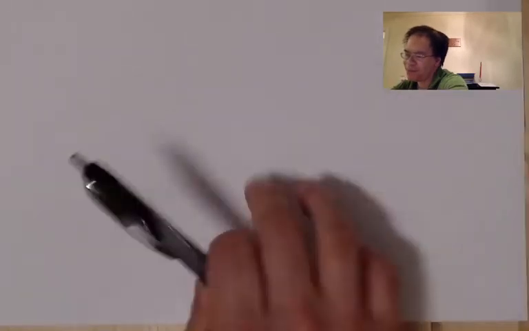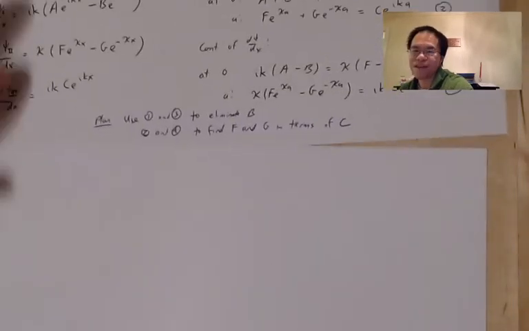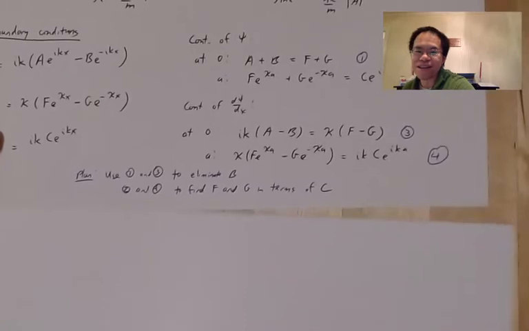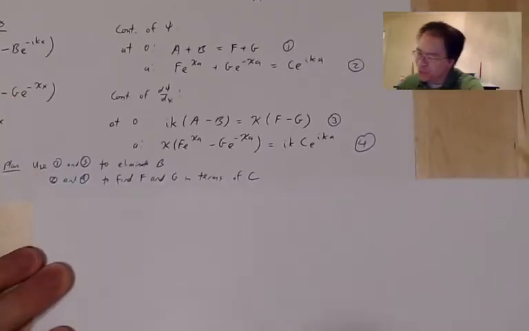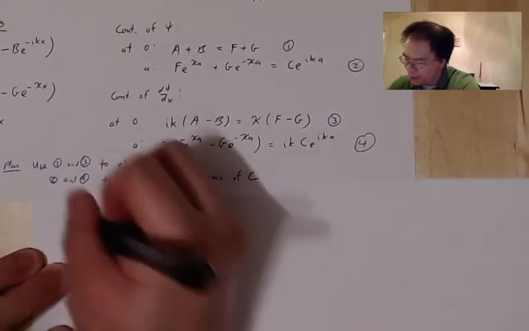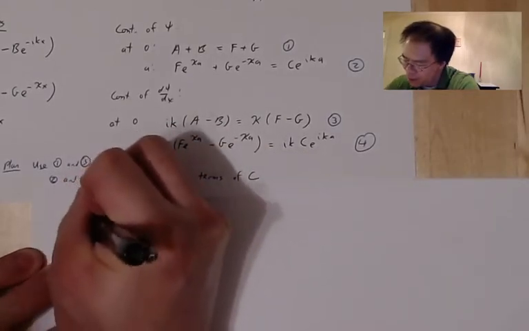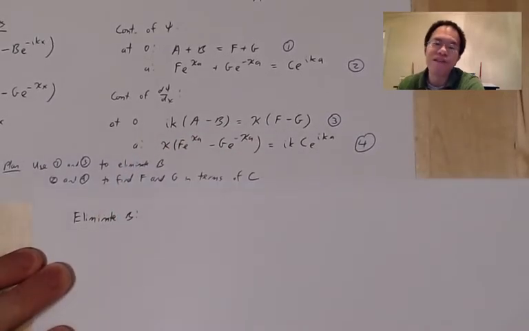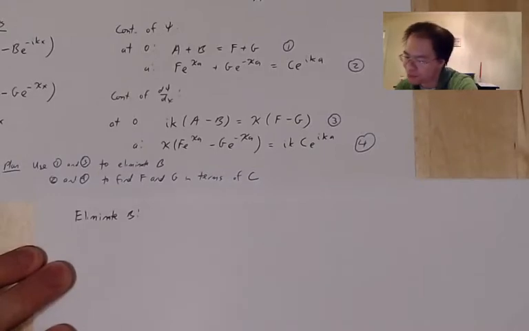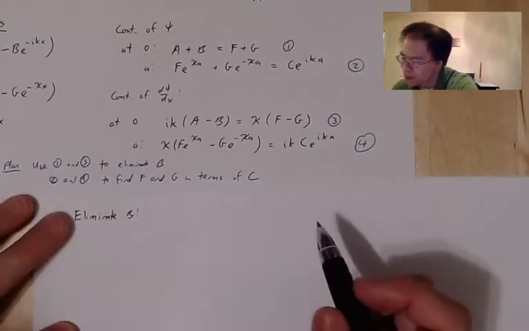So let's start to carry this out. Okay, I've got my 4 equations. So what do I mean by eliminating b? The strategy is often to add these equations together or subtract them in some clever way.